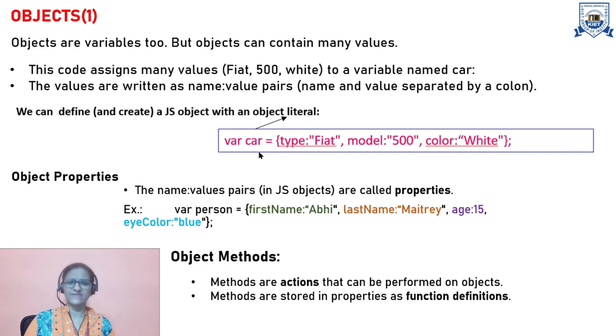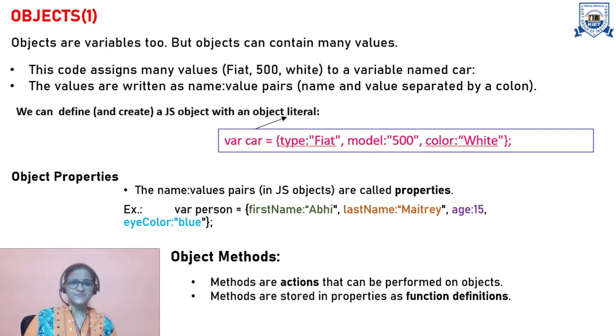So in this example, what we have done is we have defined and created a JavaScript object with the object literal. This is the first style, literal. And what we have given is this property and the value separated by this colon sign. So type, what type of car is it? Fiat. Its model is 500. Its color is white.